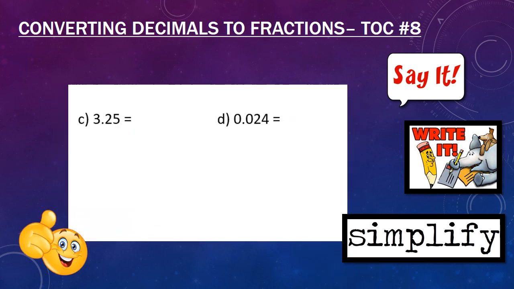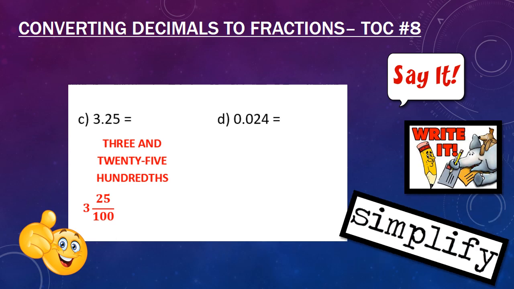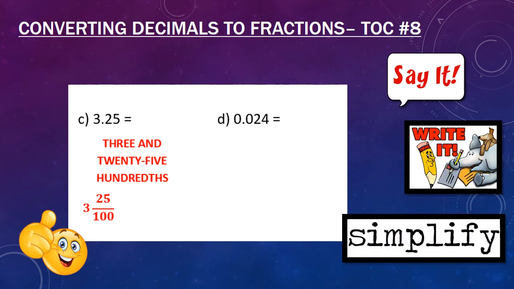Looking at two more examples. First step is to say it. 3 and 25 hundredths is how I would say it. The 3 would go out front when I write it. The 25 goes over 100, and then I need to simplify. If you remember 25 cents out of $1, this is one of those frequent fractions, or you can divide by 25.